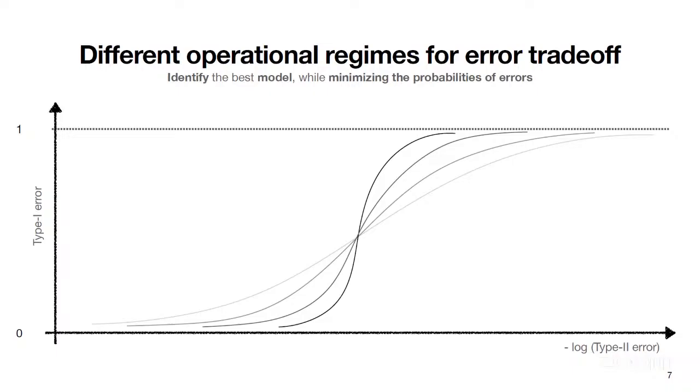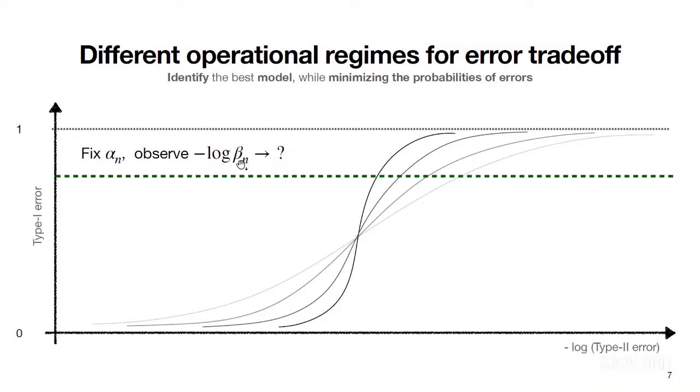The first regime is called Stein's regime. We fix the type 1 error alpha n, and we observe the behavior of the type 2 error, whether it converges and where it converges to. In this coordinate, we draw a horizontal reference line in green.